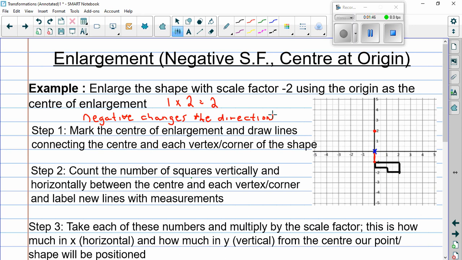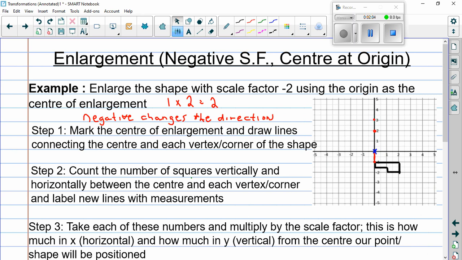Same thing with the other points. We can look down, and we're 1.5 spaces down. So 1.5 times by our 2 is going to be 3 up, and so on.